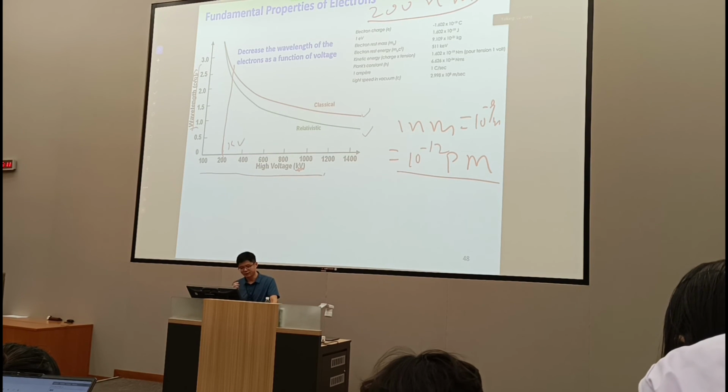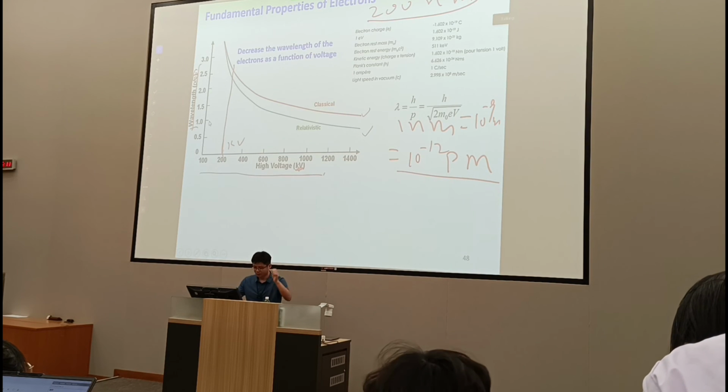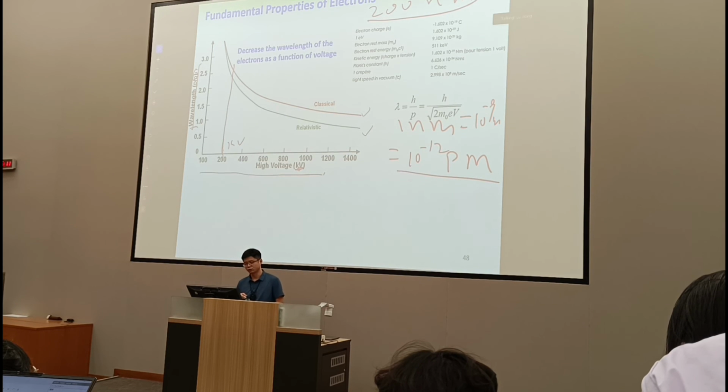The wavelength of the electron is so small that in principle you should have much, much higher resolution when you use electrons as imaging source.